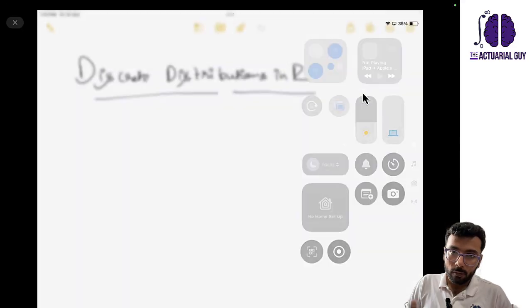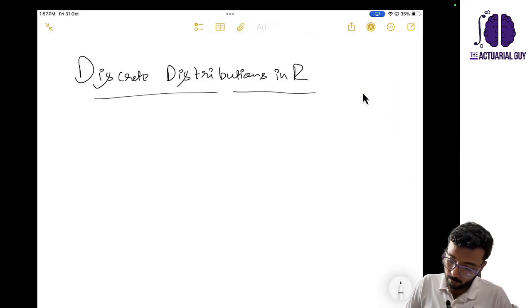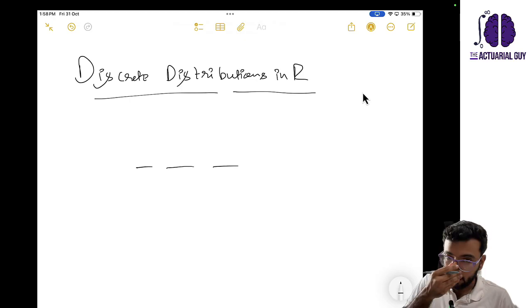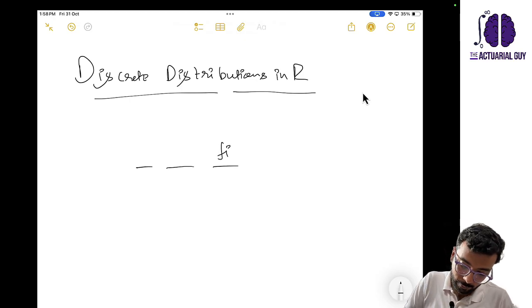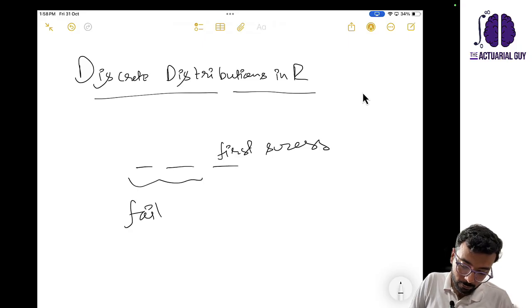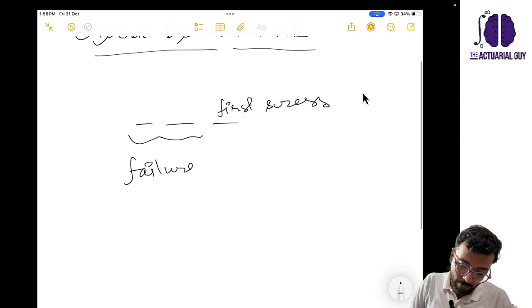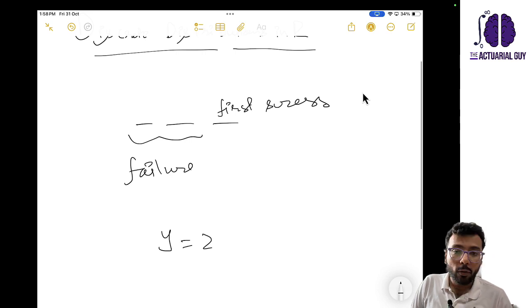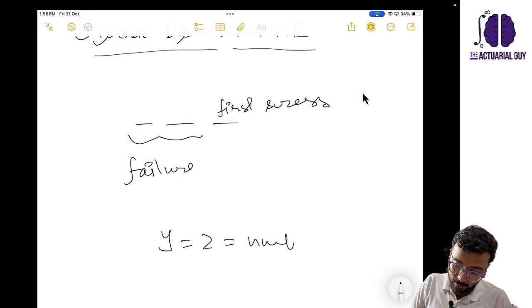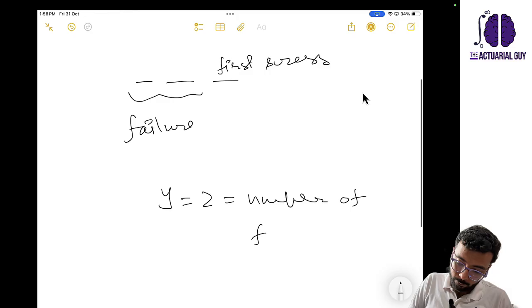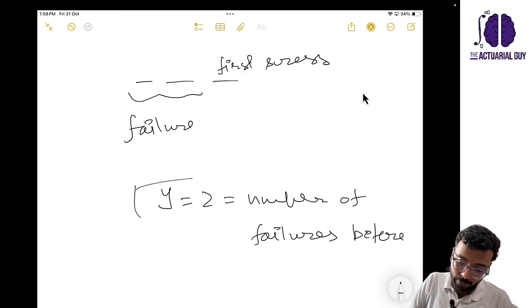If you want to model the number of trials until the first success, this is the first success. That means every trial before this will have to be a failure. So if I am saying I want to model y equal to 2, the number of failures before the first success, this is my random variable of interest.